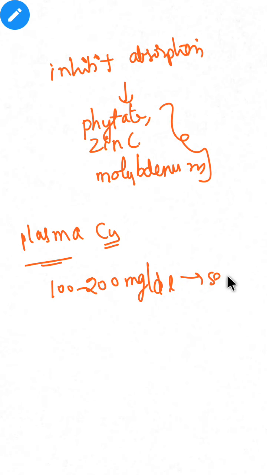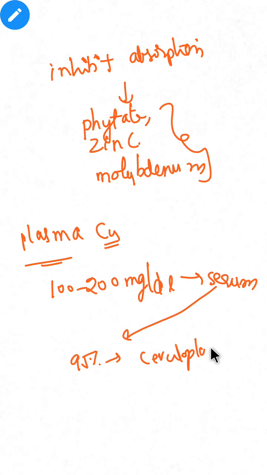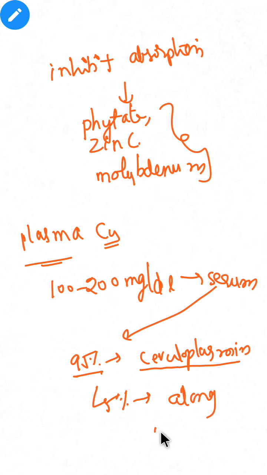In serum, 95% is present in ceruloplasmin, as I told you, a transport protein, and the remaining 5% is found along with albumin.